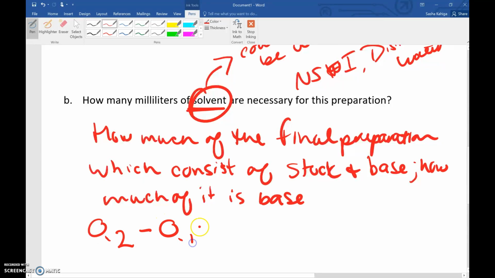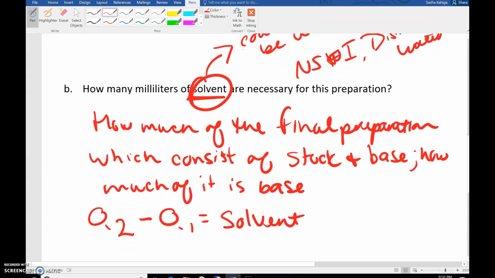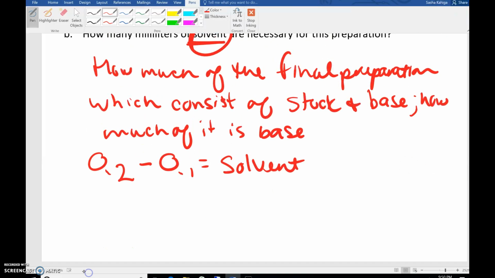Q2 minus Q1 equals the solvent. So basically, you're going to take your desired quantity. From the problem, you know what you prepared is 1,000 milliliters.